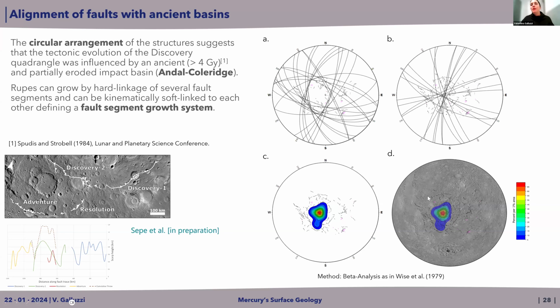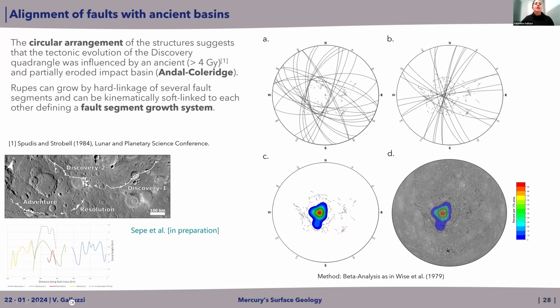For example, here we have an ancient impact called the Andal-Coleridge Basin, which is very subdued. We cannot see the rim, the floor, or the ejecta, but we can see that the faults align concentrically all around the ancient center of this basin.